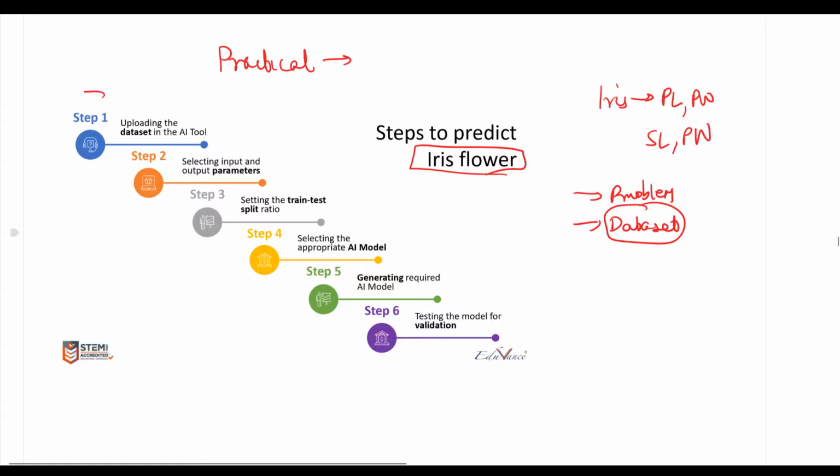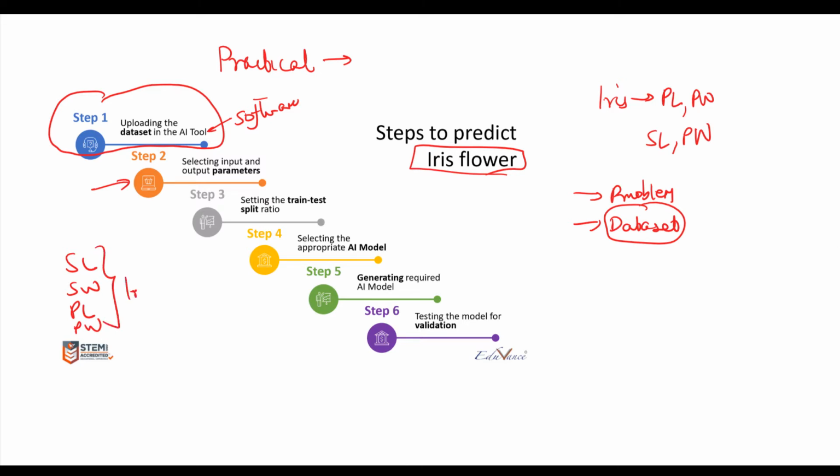So the first step is we will upload the data set in the AI tool. Tool means software in this case. Then we will be selecting the input and output parameters, which I had defined in the previous lecture, where the sepal length, sepal width, petal length and petal width will be our inputs, and the type of flower will be our output.